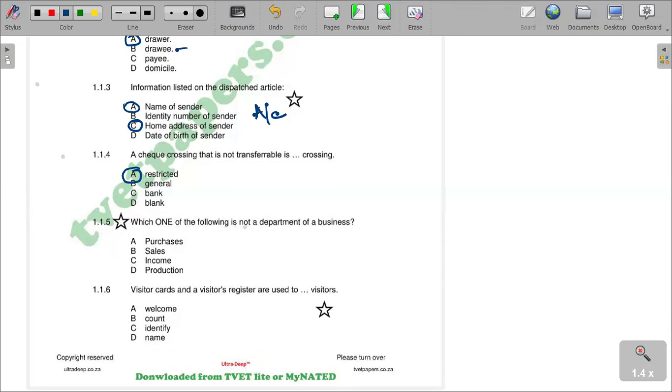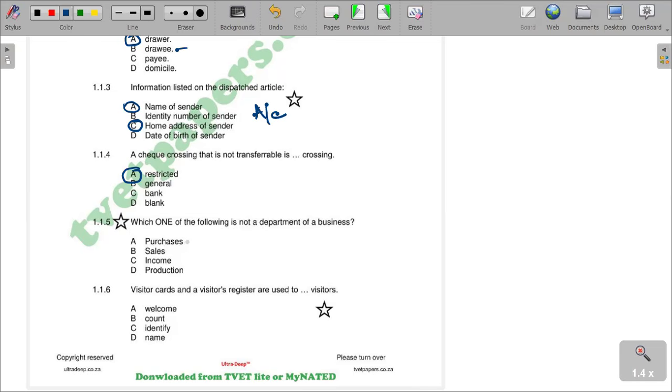Which one of the following is not a department of a business?